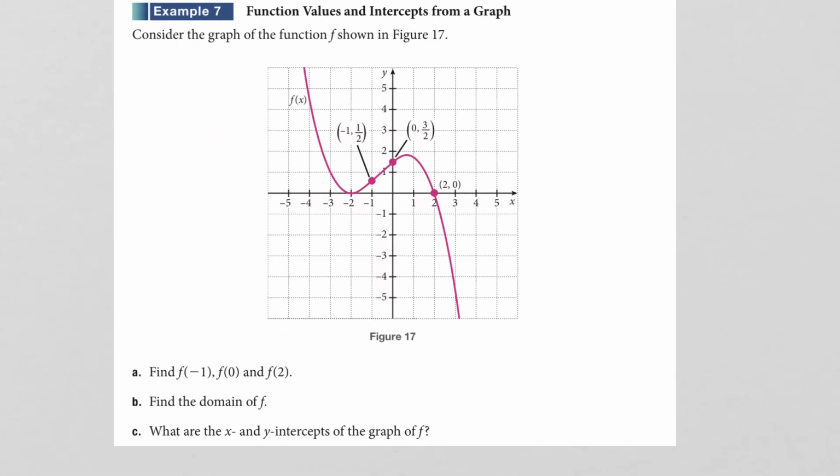It says, consider the graph of the function f given here. The questions down below are to find f of -1, f of 0, and f of 2. Now we're going to do this by looking at the graph. To find f of -1, I'm going to locate -1 on the x-axis, go to the function, and then observe the y value at that point.